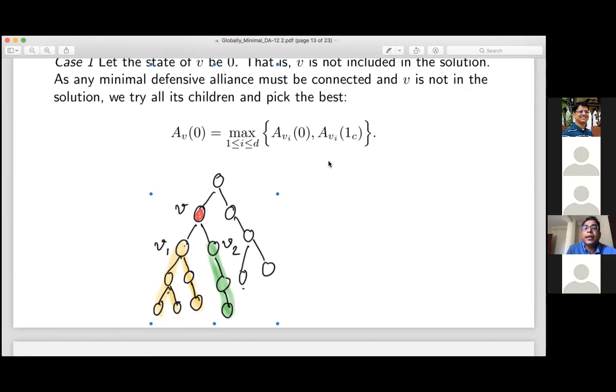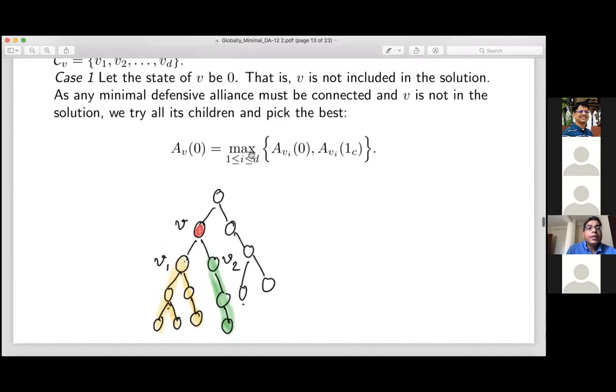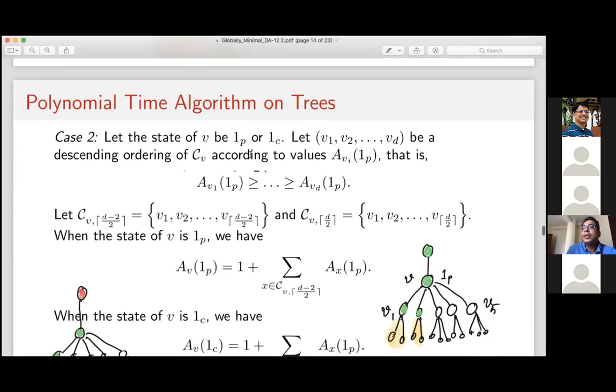That is done here. You see which one is the maximum. Here it is just 2 children, but it can have many children, so you see for all the children for which it is the maximum, and you consider that. So this is for the 0 state.